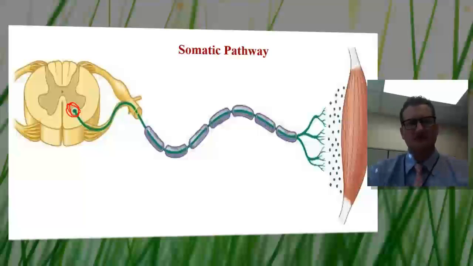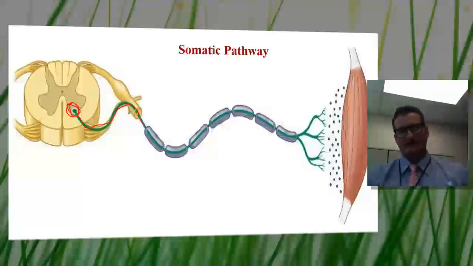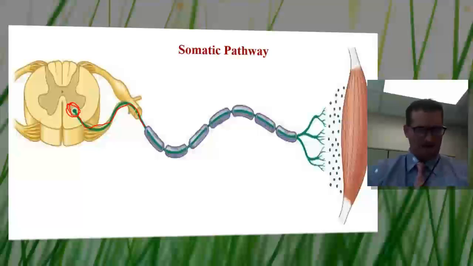It's very straightforward and simple. Note that the somatic nerves are very heavily myelinated because speed is important to stimulate muscle contraction. At the target muscle, the neurotransmitter acetylcholine, shown here, is released to cause muscle contraction.